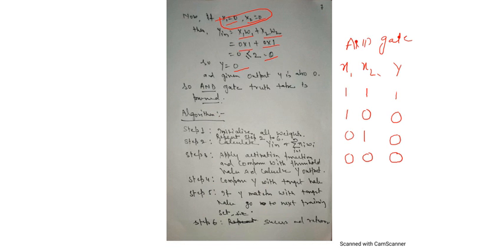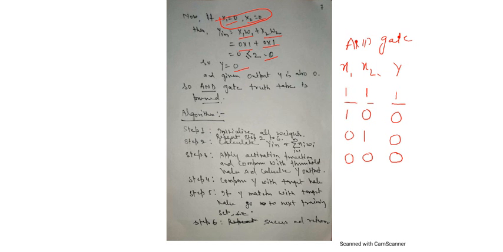So whatever we have calculated after applying this McCulloch-Pitts neuron mathematical formula, we are also getting the same value. If x1 and x2 are 1 1, then the output is 1.